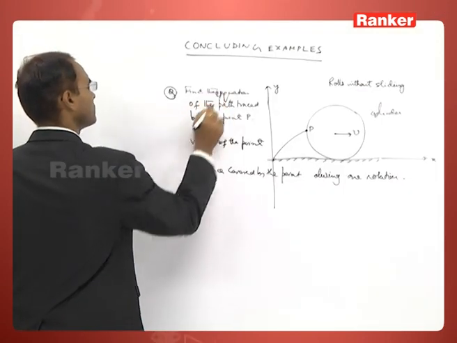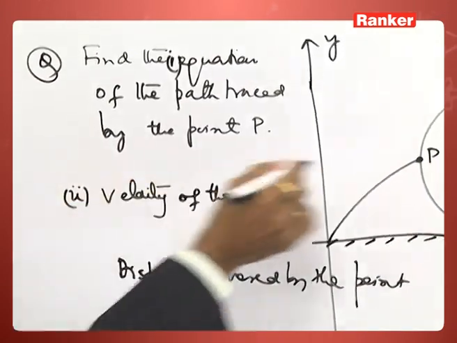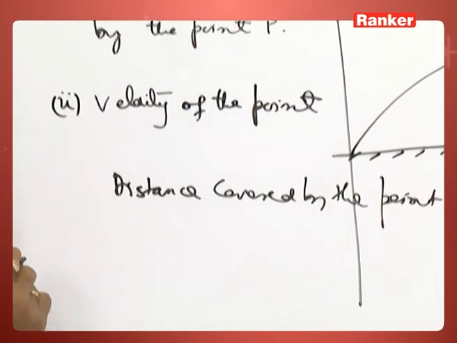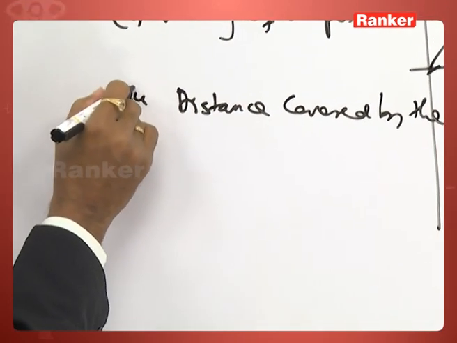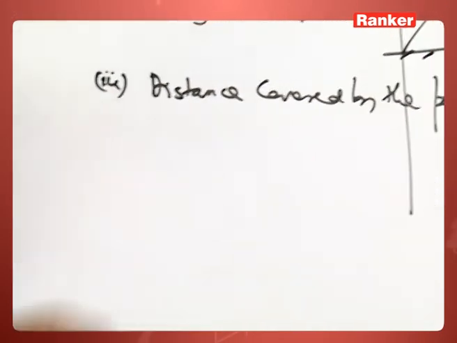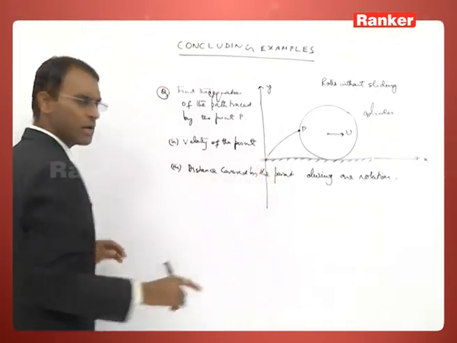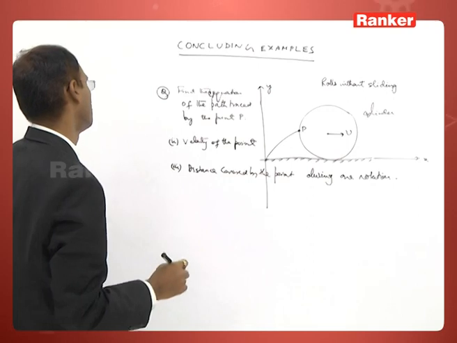Find the equation of the path traced by the peripheral point. Find the velocity of that point and find the distance covered by the point during one rotation. And of course, you can calculate the acceleration of this point also.